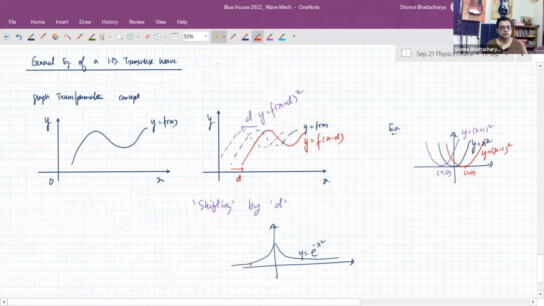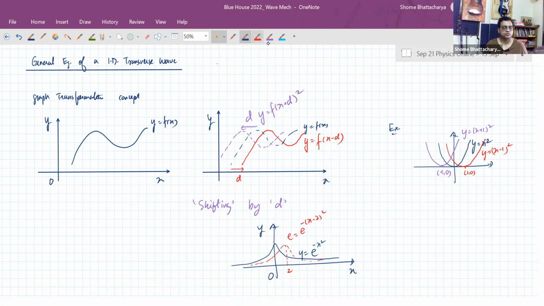Now if I do this, this peak has shifted to the point 2.